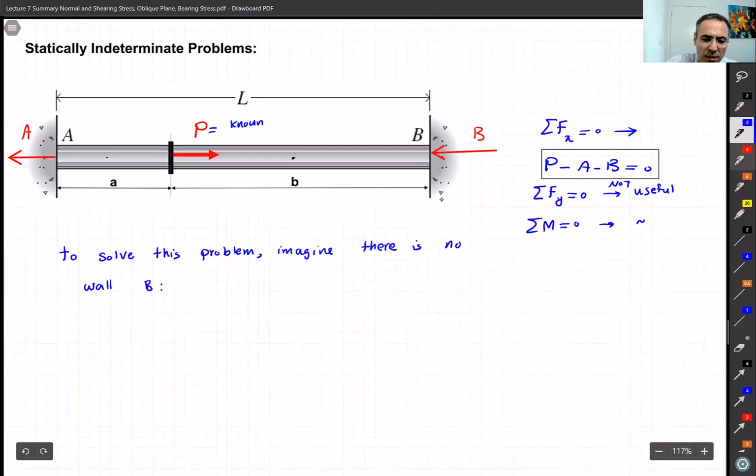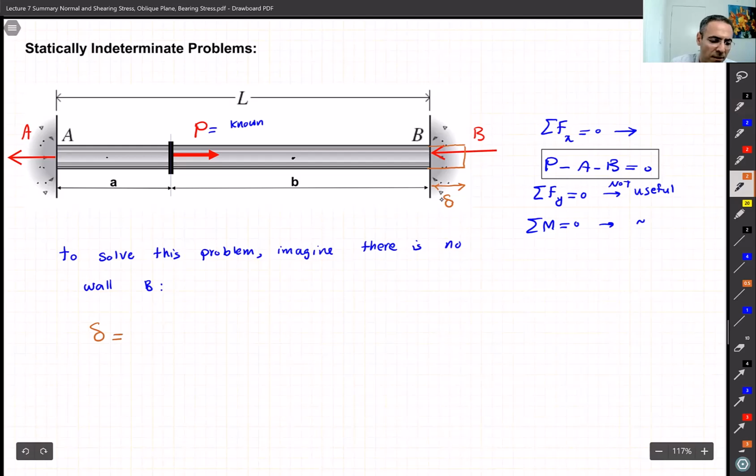Let me draw it like that. Okay. So if there is no wall, then because of this load, this portion is going to elongate. Let's call this amount delta. And we can calculate delta.